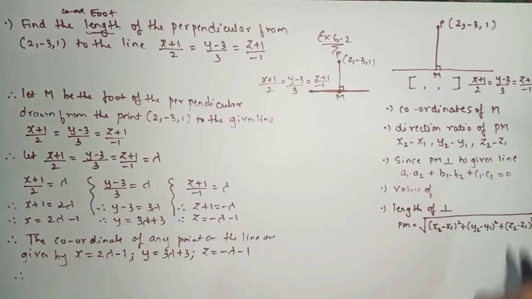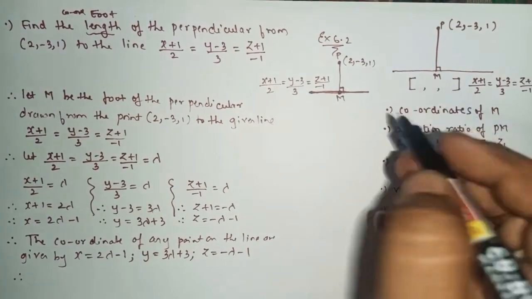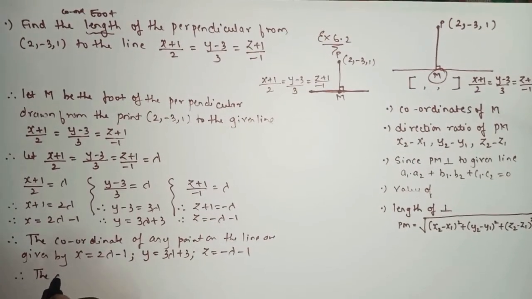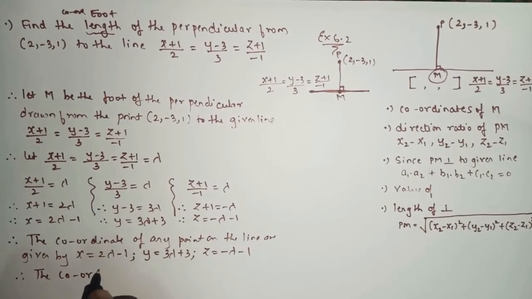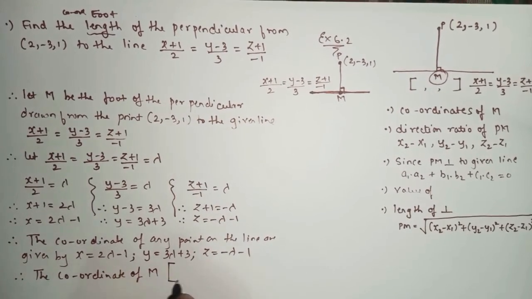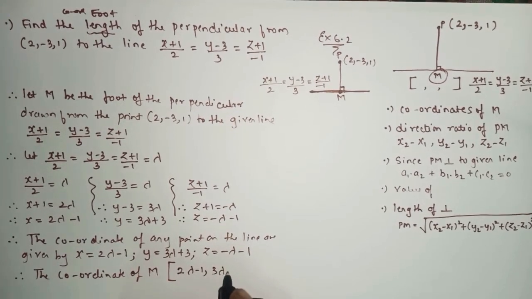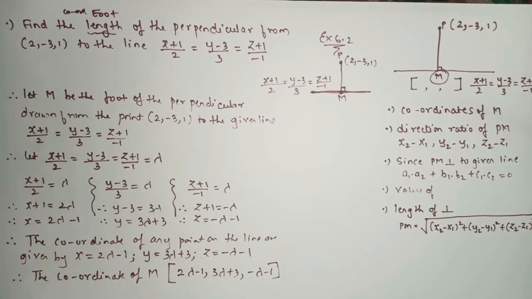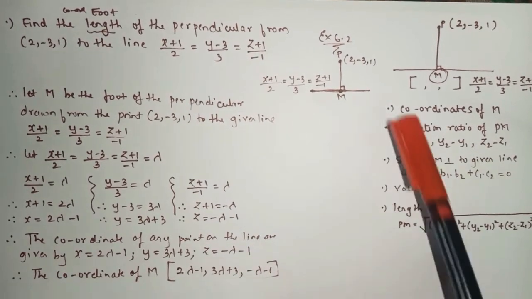So here we got the coordinate of M, yes or no? So the coordinate of M is 2 lambda minus 1, 3 lambda plus 3, and minus lambda minus 1. I hope you all understood the first step.